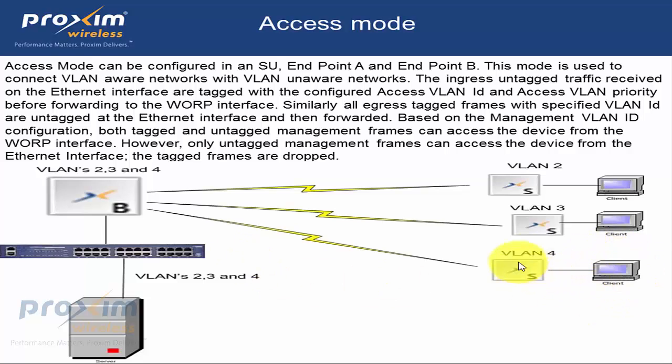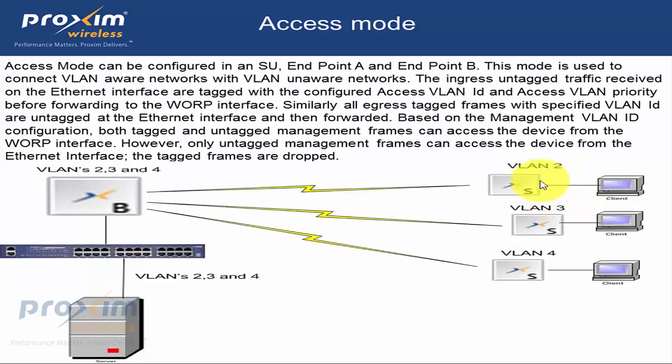It's not aware that it's part of any VLANs, but as the information comes back to the Ethernet port on the subscriber, it is retagged with VLAN 4, and then it's sent out this way. This is pretty good for WISPs or manufacturing or whatever, but access mode does not support VLAN aware.